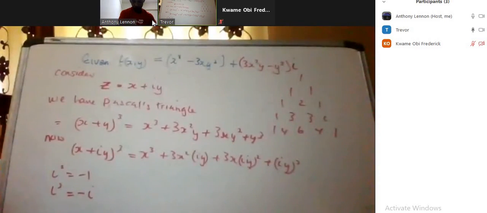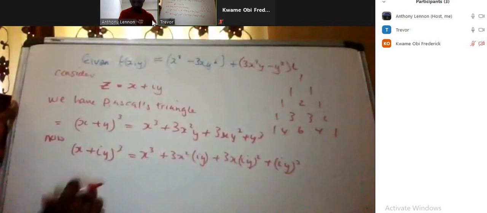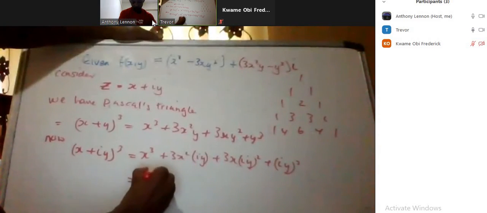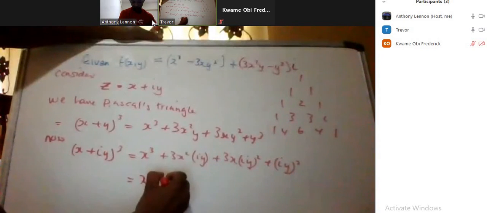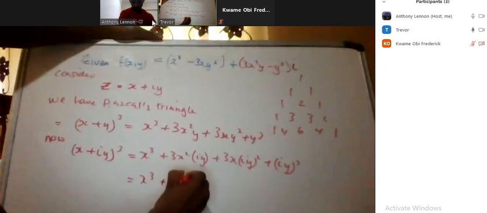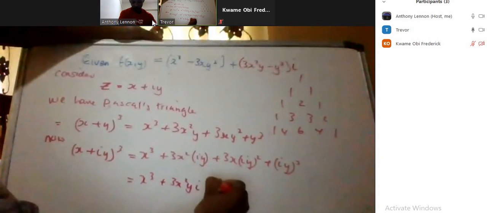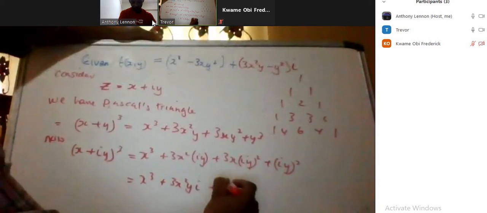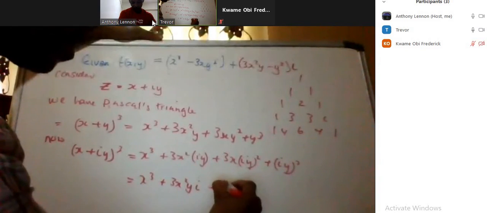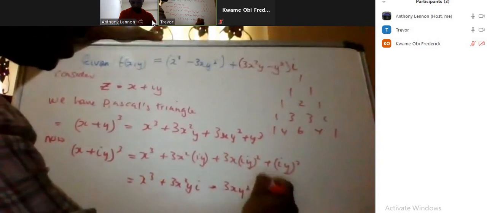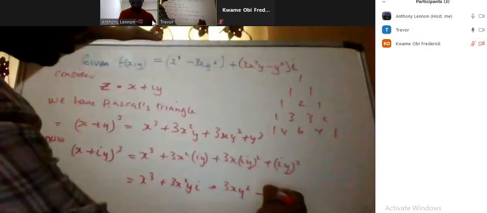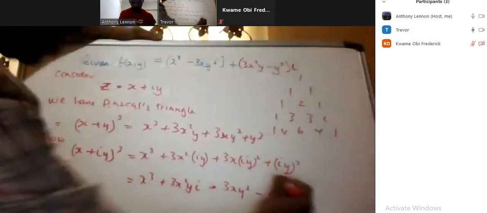All right. So this guy is x cubed plus 3x squared iy plus, now that i squared becomes minus, 3xy squared. And the i cubed is minus i, so minus i y cubed.